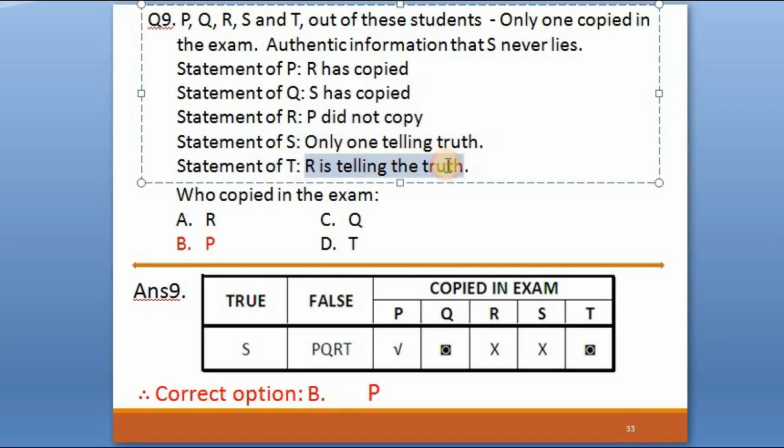So from these statements of these 5 persons, we get the clue that P can be the suspect and R and S are not the suspect, or they have not copied.